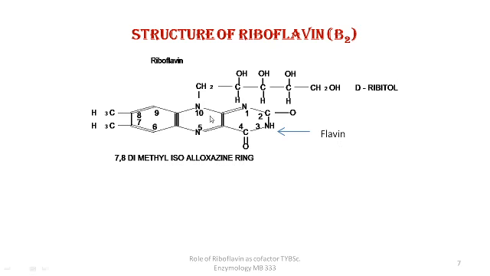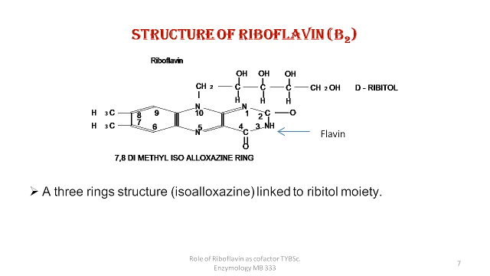In this isoalloxazine ring, the nitrogen atoms at position 1 and position 5 are the ones which play a role in the redox reactions. So it is the isoalloxazine ring which is important in the biochemical reactions to follow.